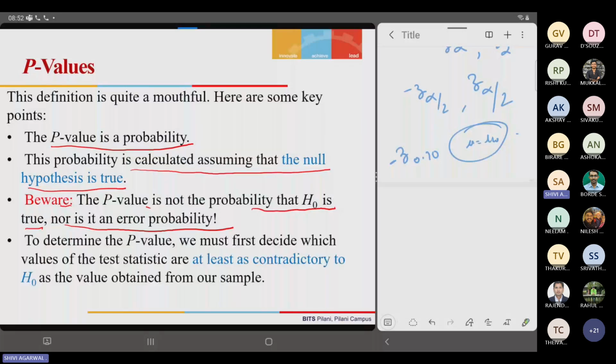To determine the p-value, we must first decide which values of the test statistic are at least as contradictory to H naught. The value obtained from our sample, the value of X bar, gives the value of the test statistic.